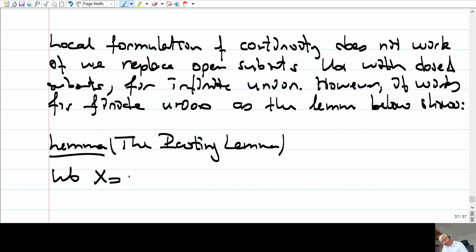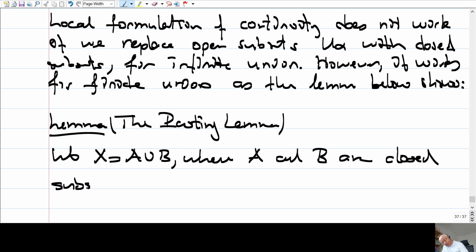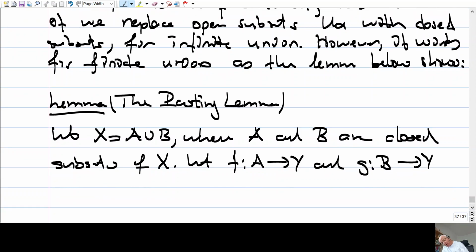Let X be the union of A and B, where A and B are closed subsets of X, and we have two functions defined on A and B. Let f from A to Y and g from B to Y be two continuous functions.